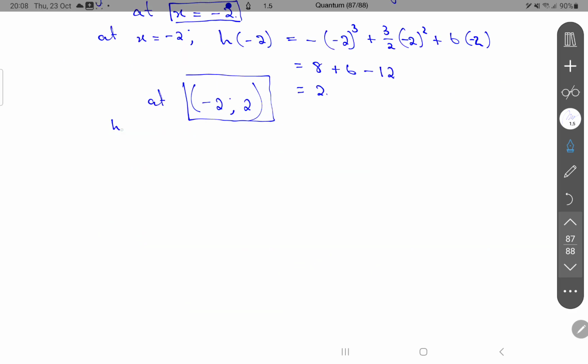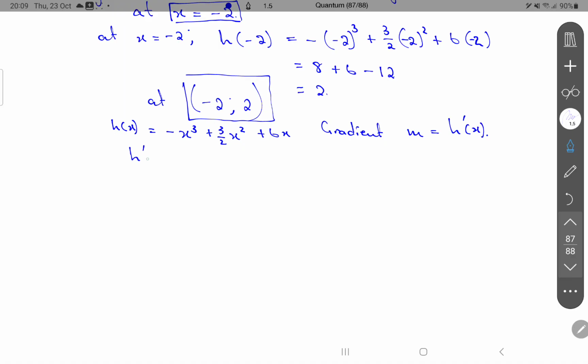So h of x is equal to negative x cubed plus 3 over 2 x squared plus 6x. Now we need to find the gradient. The gradient is m, which is h prime of x at that point.